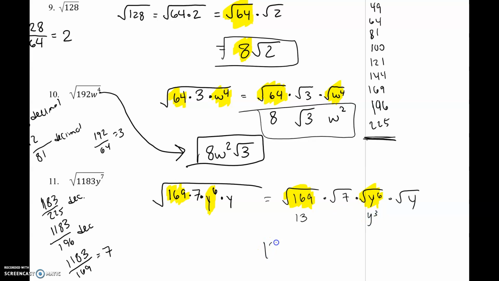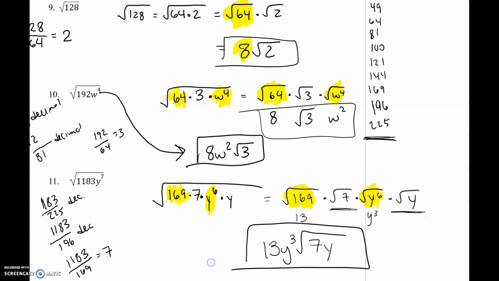So at the very front, we're going to write 13 y to the 3rd, and then the square root at the back. Now, remember, we can split square roots up, but we can go backwards and we can put them together. So the square root of 7 times the square root of y, we're actually going to write that as just 1 square root. Don't write it as 2. So our final answer for your notes today is 13y to the 3rd times the square root of 7y.